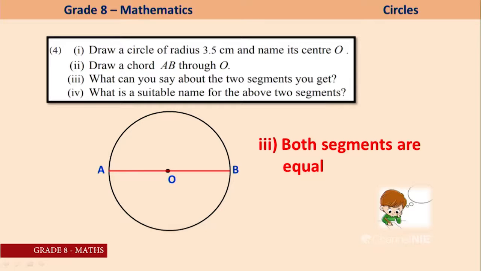Okay, children, then last question. What is the suitable name for the 2 segments? Both segments are equal. Then you can call this a semicircle. The semicircle means the half of the circle.